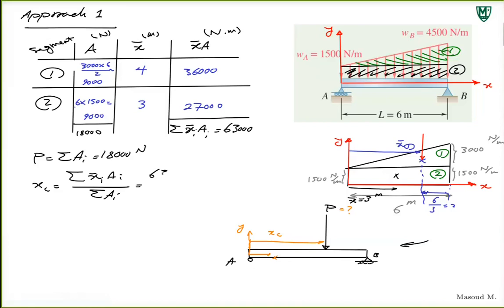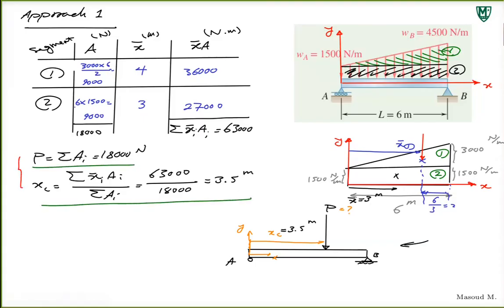So then you have 63,000 divided by 18,000. That'll give you 3.5 meters. That means that this is located at 3.5 meters away from point A, the origin. This is what we were trying to find, right? The load and where it's located.